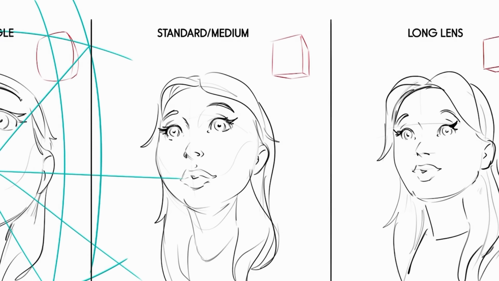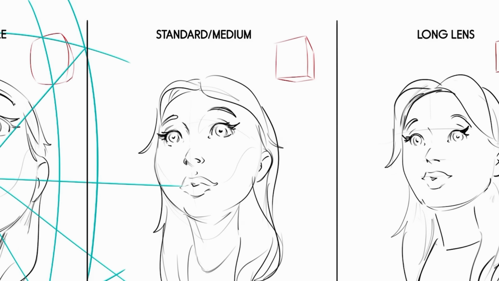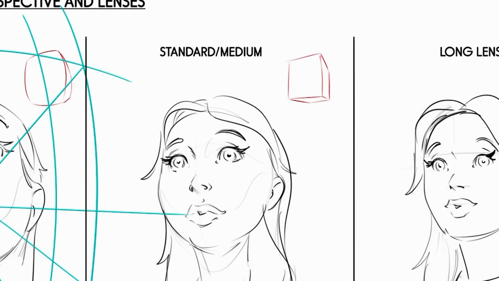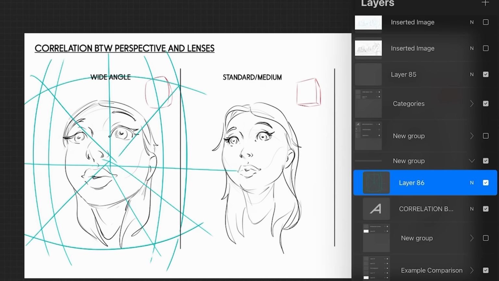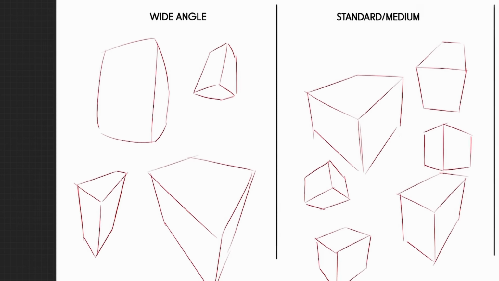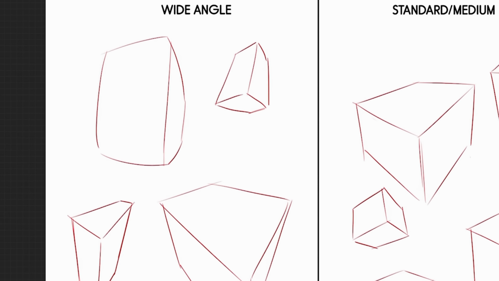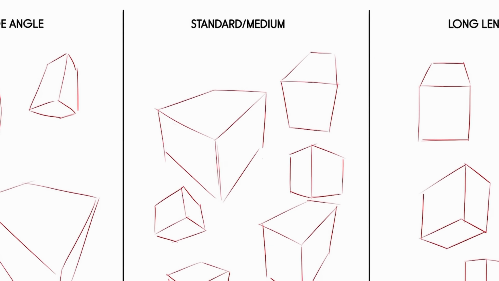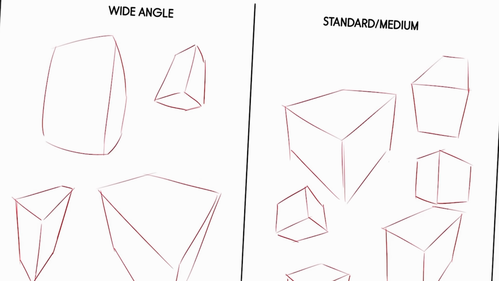Whereas if we look at the standard or medium lens, this is still a relatively fast convergence, but not on all fronts anymore. It's more about a 3-point perspective or a 2-point perspective. If we look at it in box terms, you can see that the wide angle will have a lot of very fast convergence, whereas the standard and medium lens will have faster convergence, but not as drastic as the wide angle.